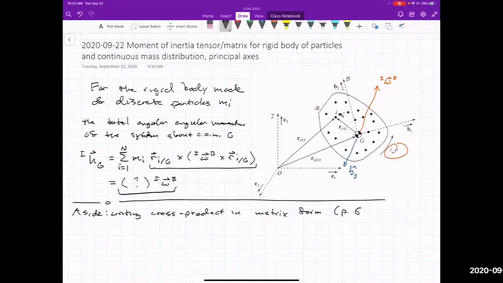And this is from page 641 in Appendix B of the book. So if I have a vector A cross vector B, these are 3 vectors, and let's call that C. So C equals A cross B. Now let's say that they're all written in a common frame, so all written in, let's say, B frame components.